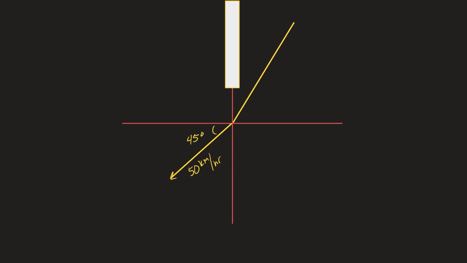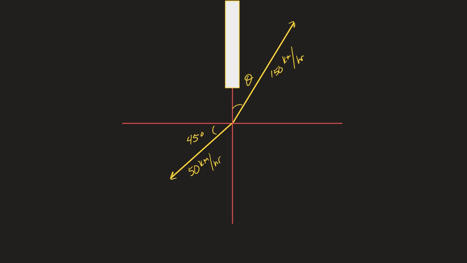I know the plane can fly at 150 kilometers an hour, but I don't know what angle to make. I'm assuming you guys have the thoughtfulness to understand the plane needs to fly in the first quadrant for this problem. If you don't have the thoughtfulness for that, you're not going to be able to do this question.